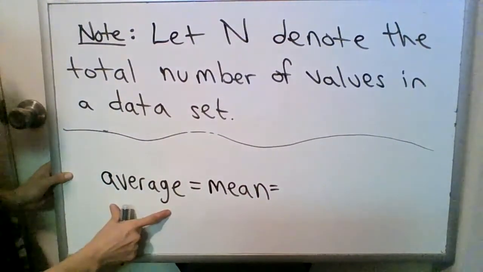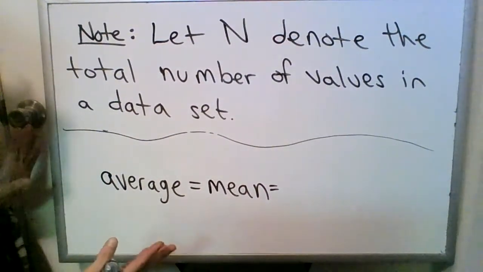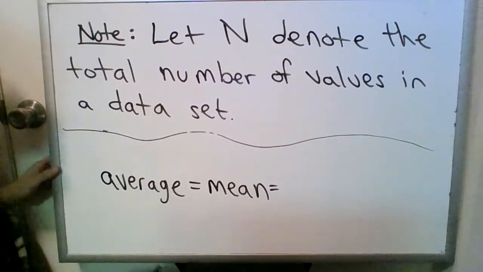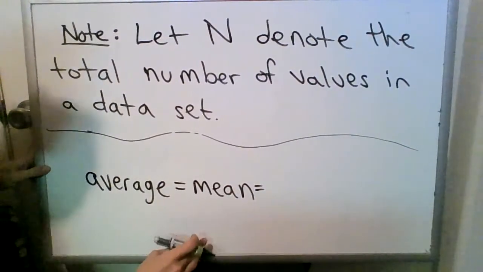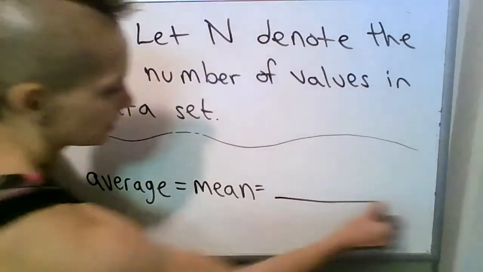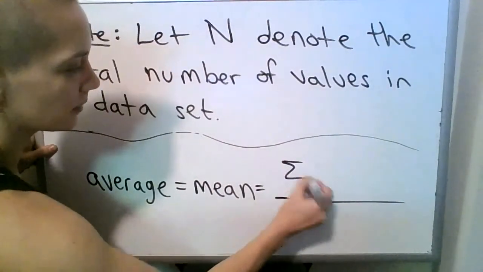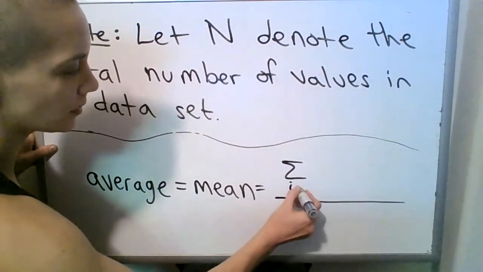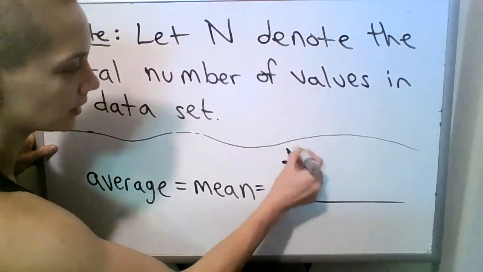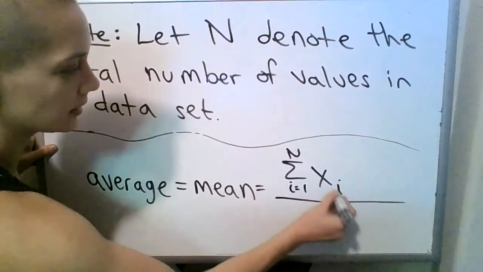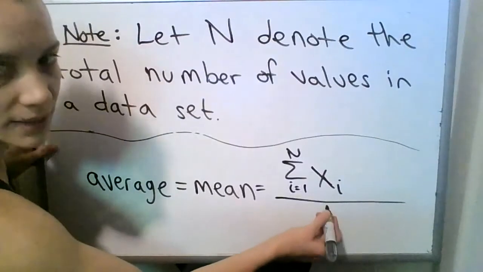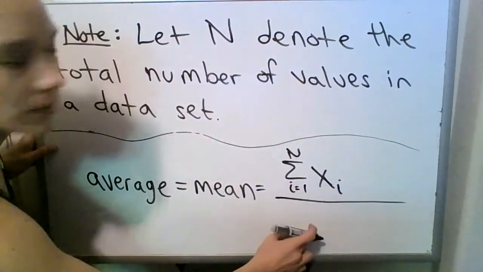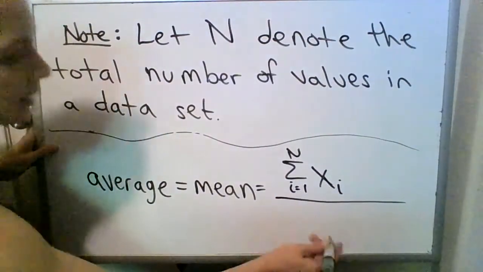And you find the average or the mean by summing all of your values and dividing by the total number of values. And it looks weird in math, but still, you sum all i from 1 up to capital N of your x of i. So like we just practiced, take that number and divide by the total number of values in your set, capital N.